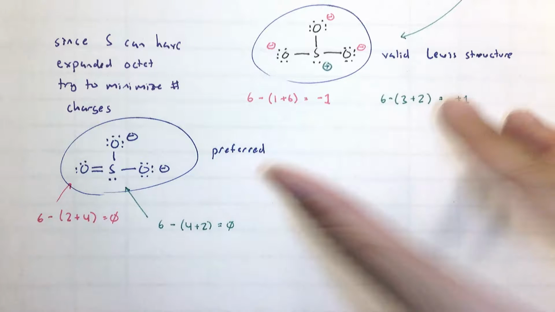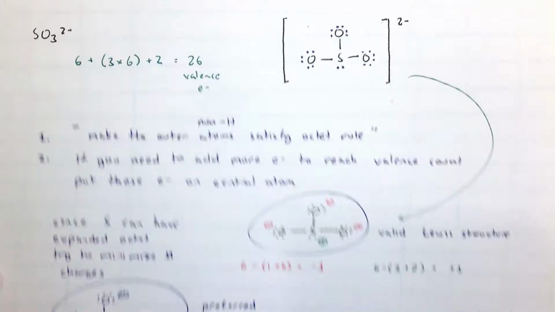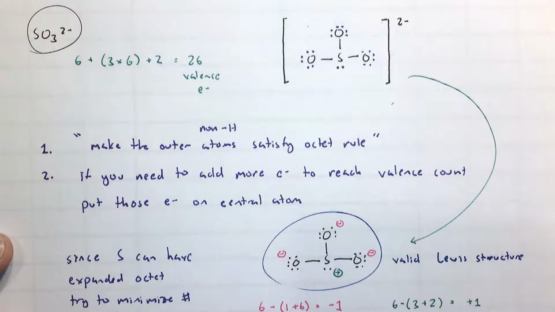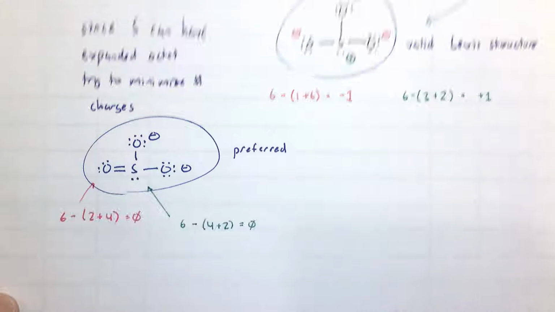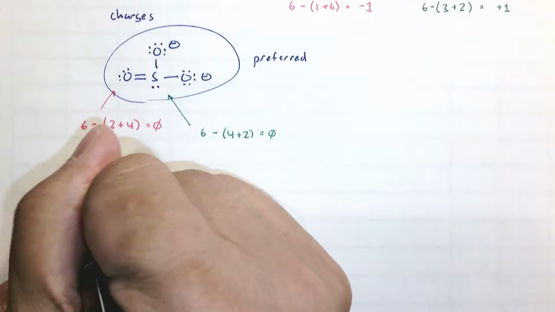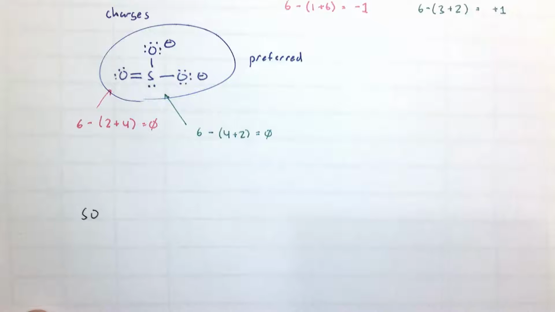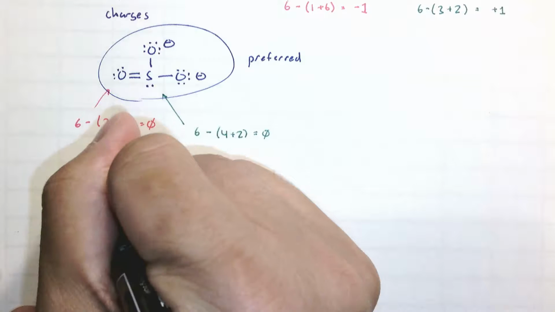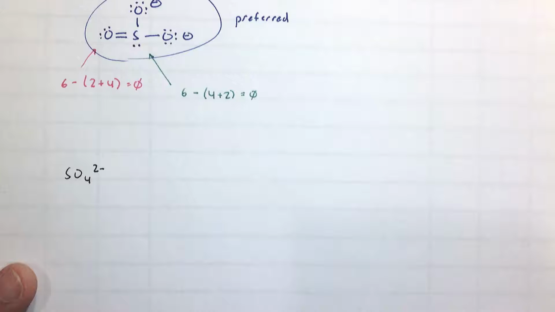Oh, man. So I know that was a lot, and that was just for the first one, sulfite. Let me do the next one, sulfate. Now that we've gotten a lot of these sort of subtle points across, let's see if it gets a little bit faster. So sulfate.